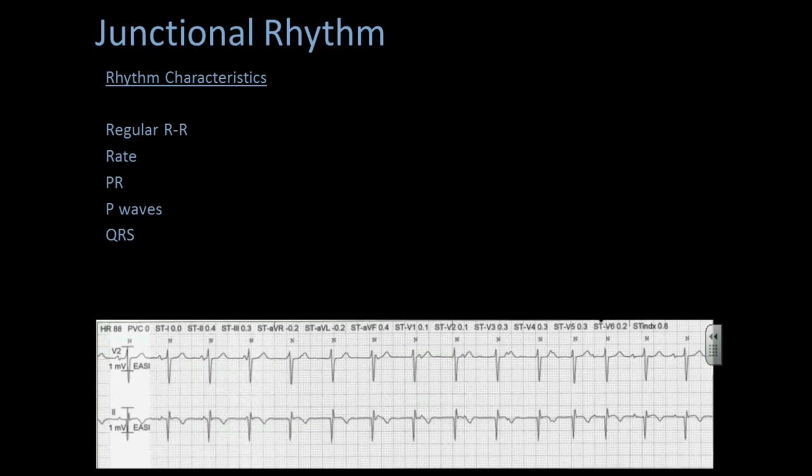All right, next rhythm strip. Now this can be very confusing for people. Let's look at the R to Rs. Are the R to Rs perfectly regular in this strip? Well, not completely. Mostly, but it looks like the rate speeds up a little bit as we go this way.